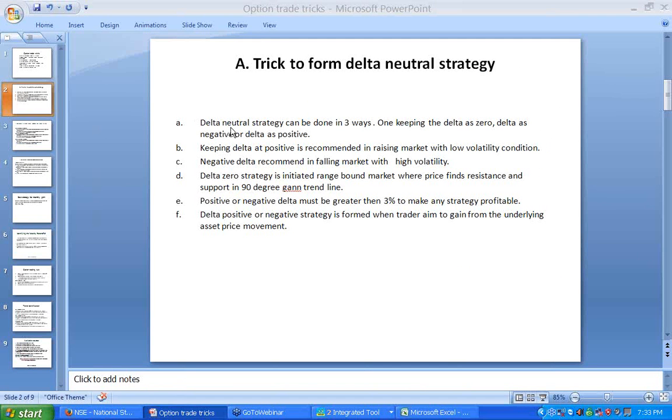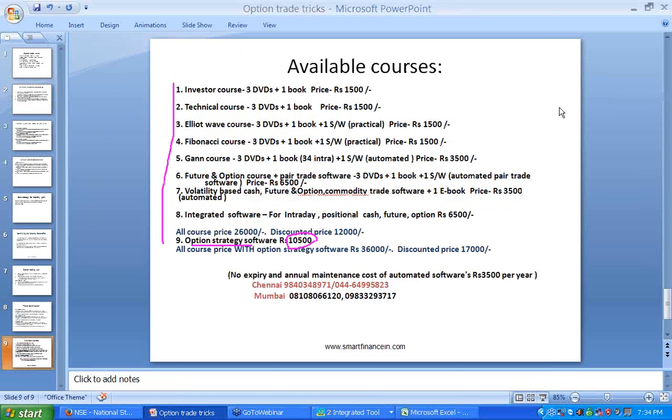So simple concepts: when to form a delta positive strategy in low volatility and rising price trend, when to form a delta negative strategy in high volatility with falling market, when to form a delta zero strategy, if the price is giving you a particular range or range bound situation, you must follow this strategy.